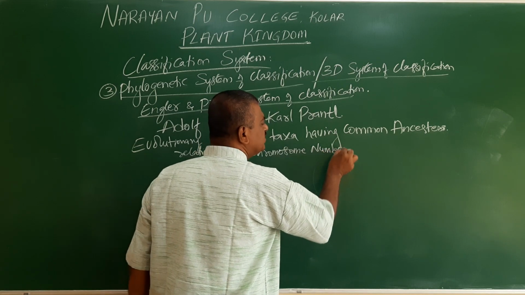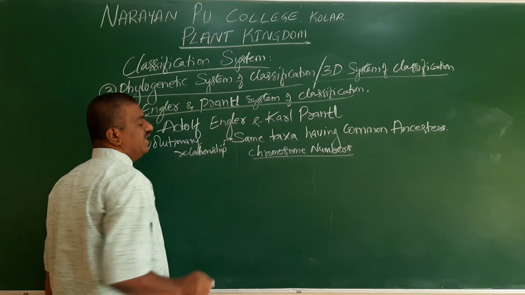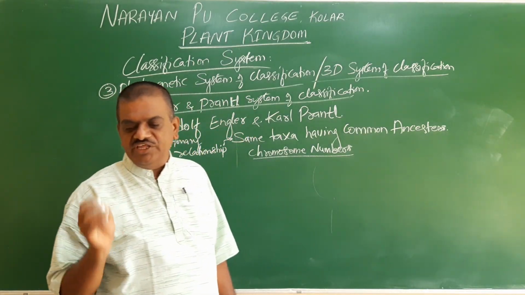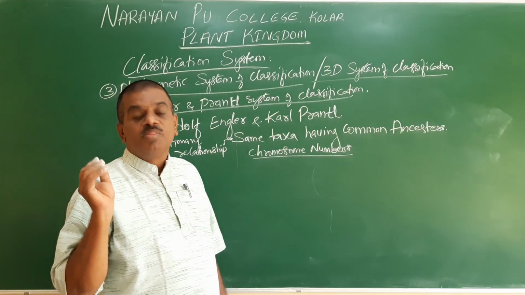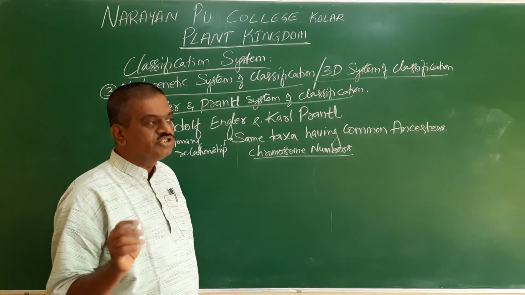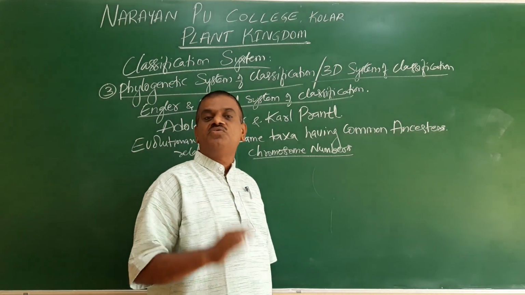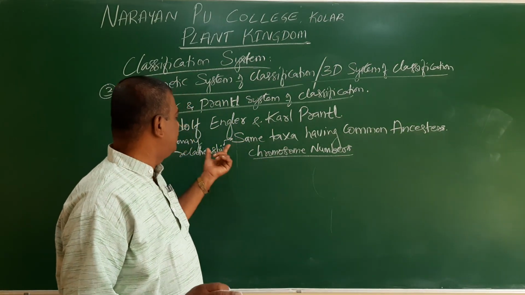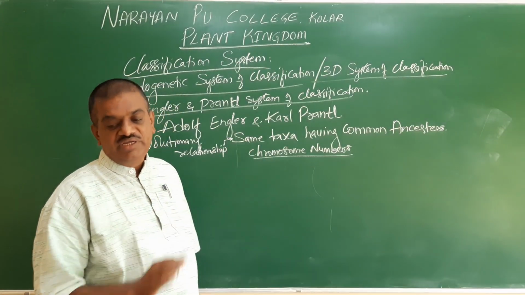They took several characters and classified each one, and based on the number of chromosomes in each cell, and also on the evolutionary relationships, this was classified.